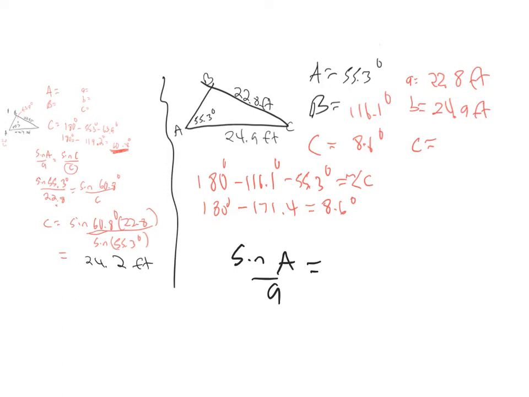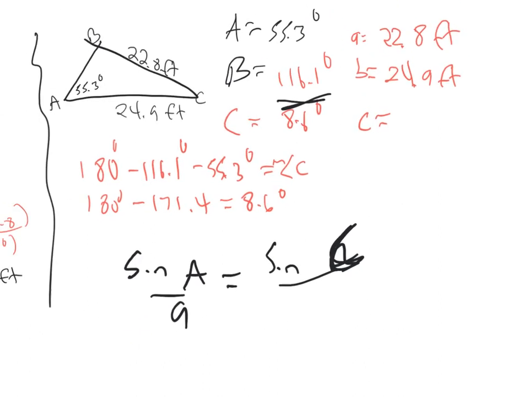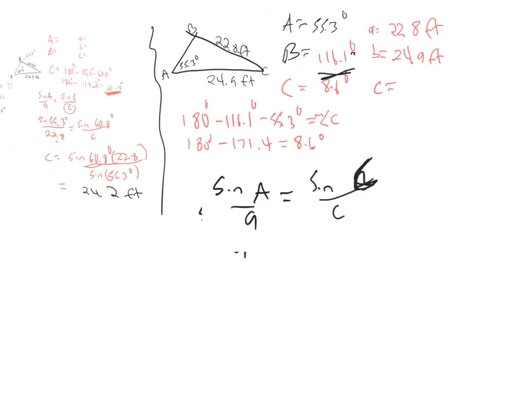Then I need C, so sine of B, using the newly computed B, 8.6, over C. That's what I'm looking for.